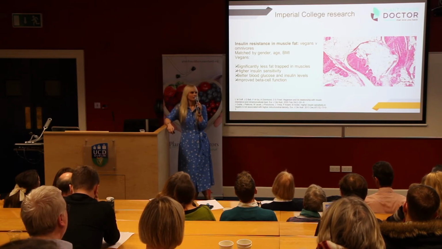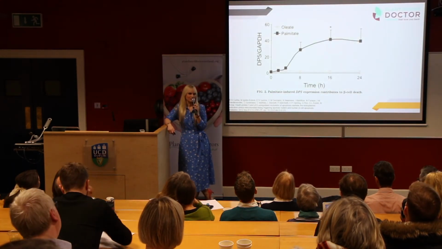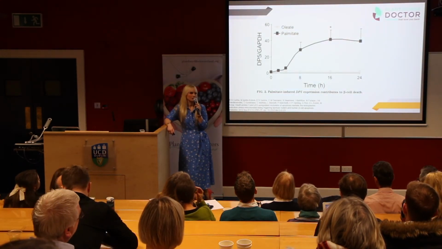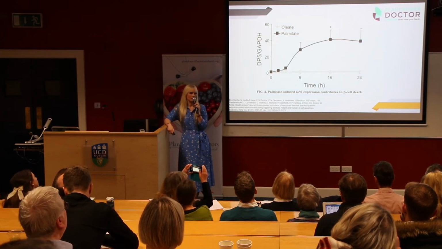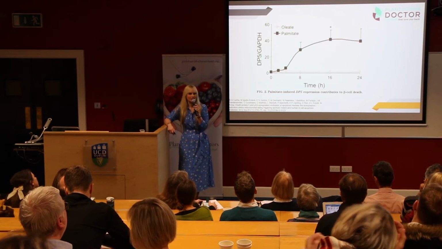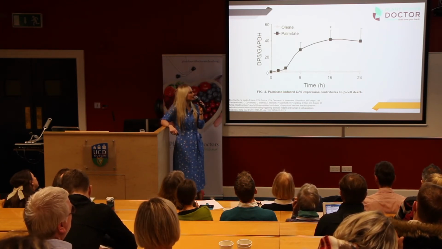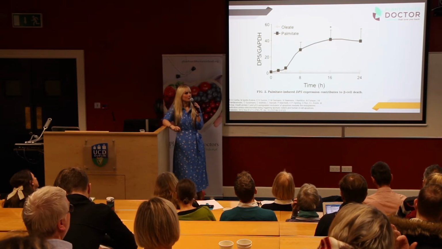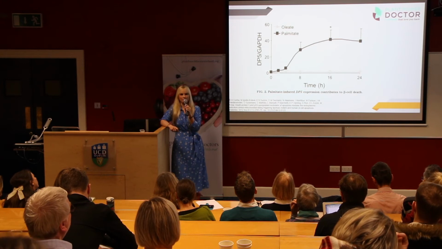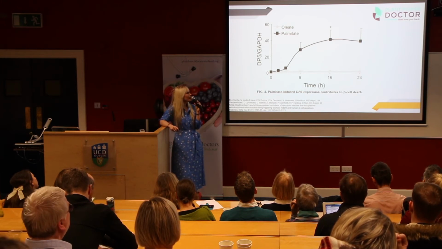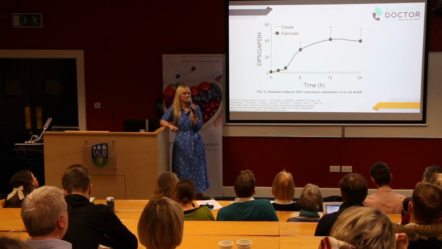And why is that? Well, again, it's about the saturated fat, unfortunately. This graph shows you that beta cells are very sensitive to the effects of specifically palmitate, which comes from animal products primarily. In the lab, if you mix pancreatic beta cells with this palmitate from animal fat, look at the amount of time in hours compared to the beta cell death that occurs.